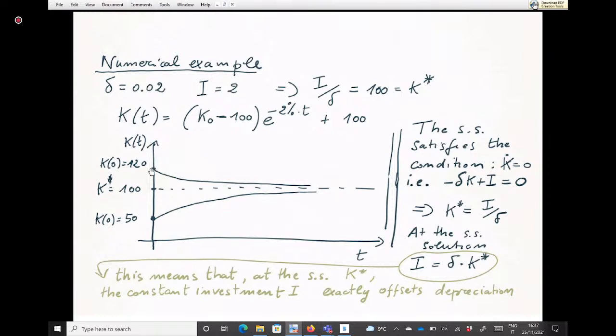You start above, the amount of capital which is lost due to depreciation in one period is larger than your constant investment level, so the capital stock decreases until it reaches the equilibrium level, and at the equilibrium level, the two forces offset one another, okay? This is the basic interpretation. Okay, so this is just one among the many possible examples of linear differential equations with constant coefficients.